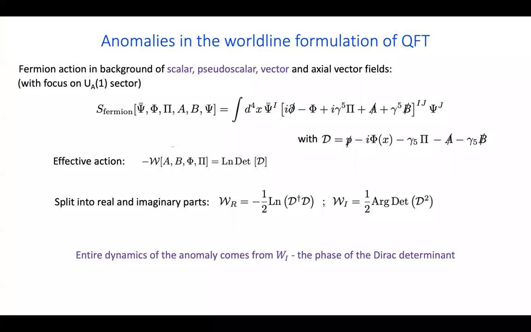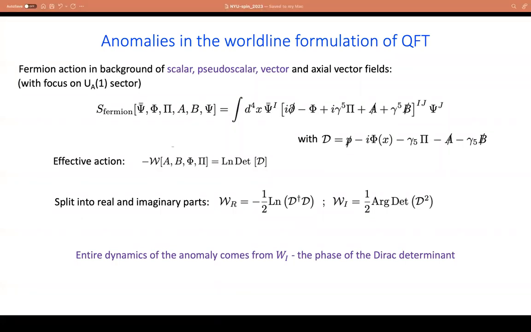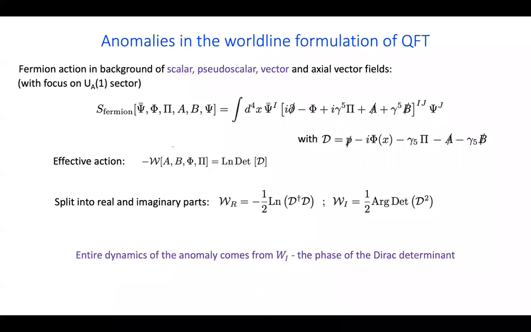And your Dirac operator now in the presence of these fields can be represented in this way here. So the effective action corresponding to this is the log of the determinant of the Dirac operator in the presence of these arbitrary vector, axial vector, scalar, and pseudoscalar fields.